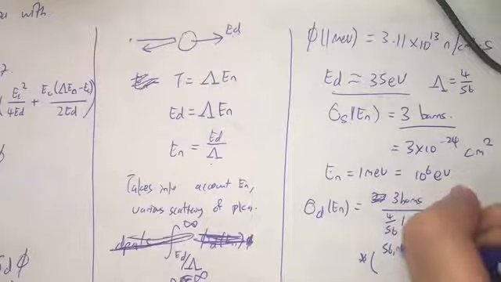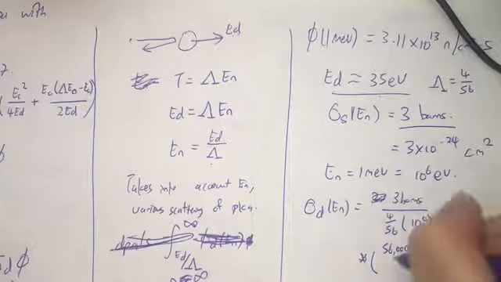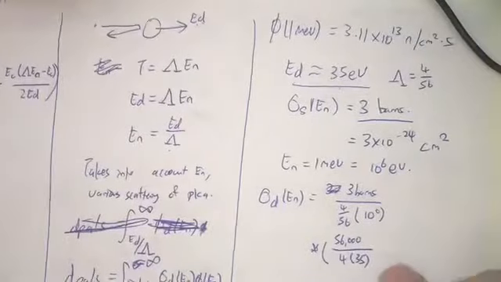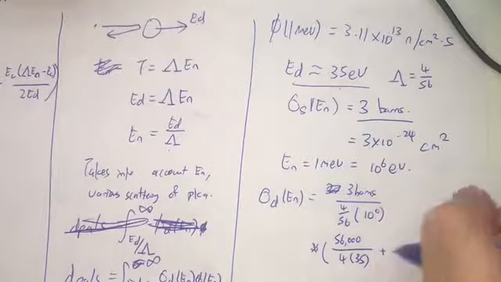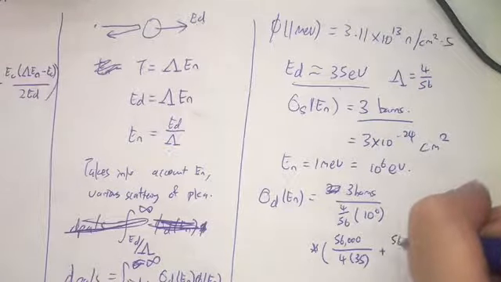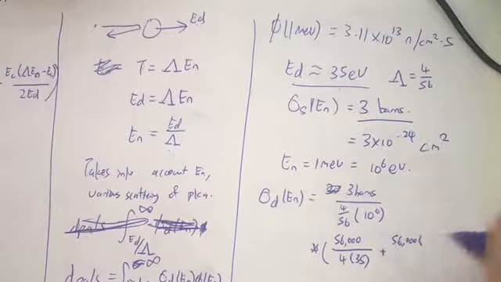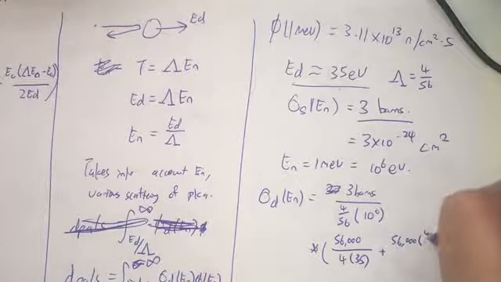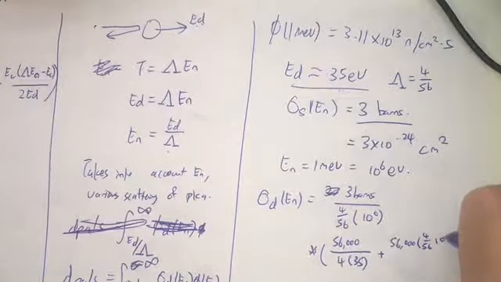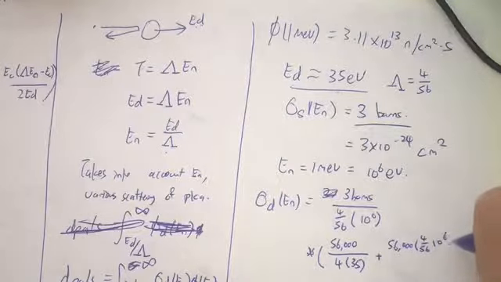So 56,000 eV over 4 times 35, plus EC, 56,000. Lambda En, 4 by 56 into 10 to the 6 minus 56,000.